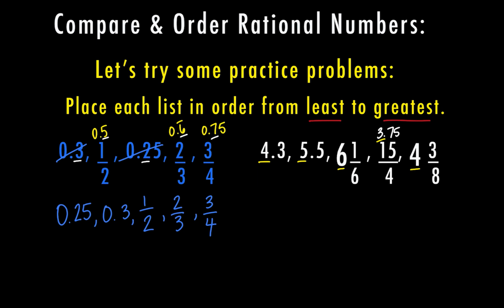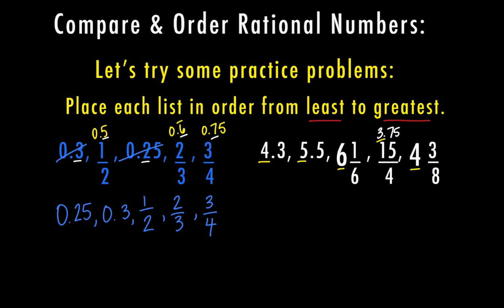Now, there's one other one I'm going to have to convert, and that is the 4 3/8. And the reason is because I also have a 4 3/10, and then a 4 3/8, and I'm going to have to compare those two. So let's go ahead real quick and change 3/8. I have two options.